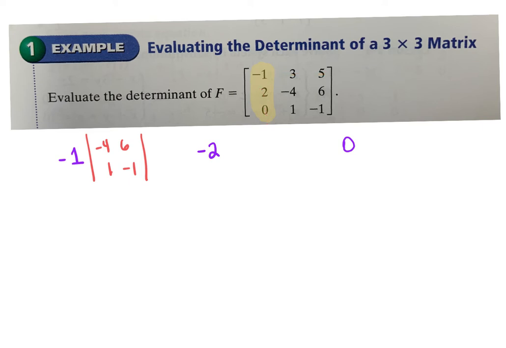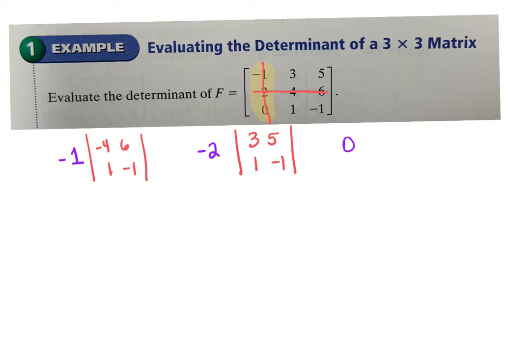Then I'm going to do the same thing with my 2. If I get rid of the row and the column that's in my 2, I'm going to have another 2 by 2 left over: 3, 5, 1, -1. Everybody see that? So far, so good.